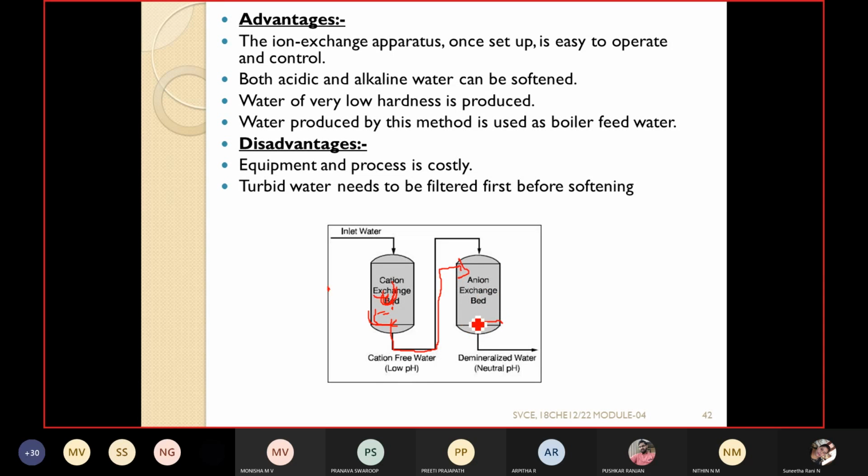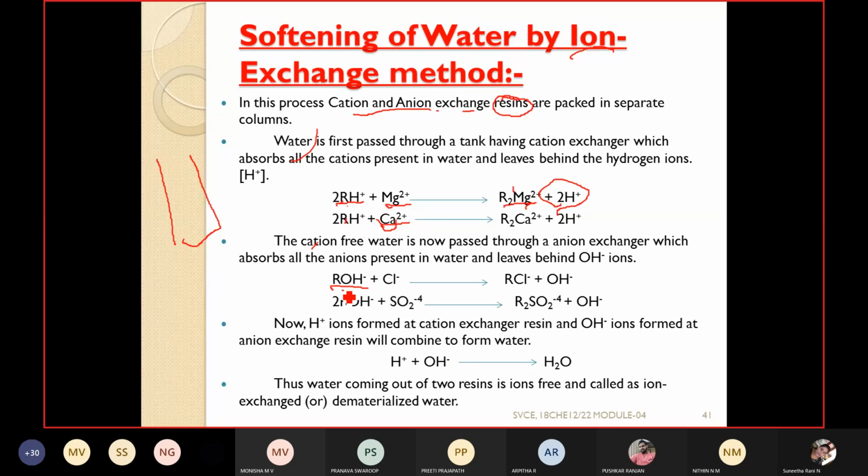Here it contains anion exchange resins, which are anionic, that is OH- resins. Once the water reaches this chamber, what happens? This anion exchange resin removes all anions present in the water. In the first chamber it removes all the cations, and in the next chamber it removes all the anions and liberates the OH- ions.